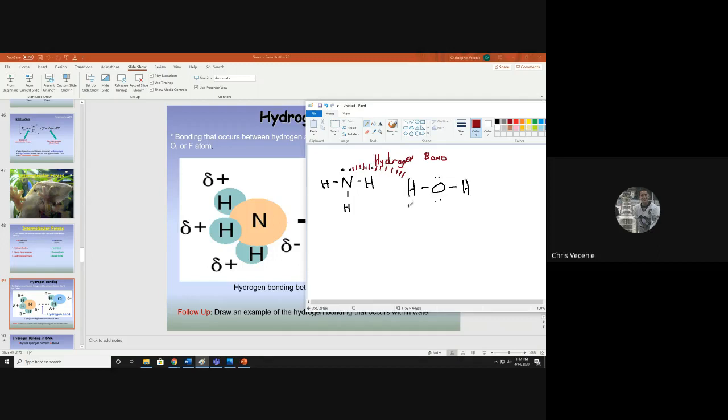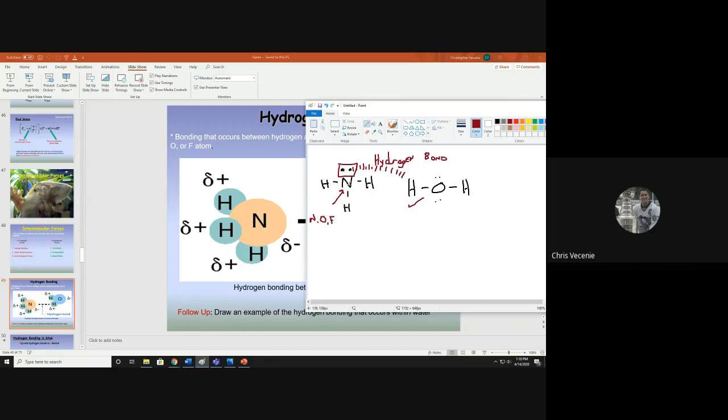So you have to have a hydrogen in your formula, and you have to have an unshared pair of electrons, dots, on this guy here, which has to be N, O, or F. Right?